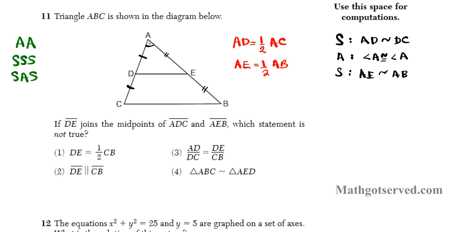Okay, so since we have two corresponding sides being proportional, namely they have the same constant of proportionality, and we have an angle congruent to itself, we can conclude that these two triangles are in fact similar. So the big triangle, triangle ABC, is in fact similar to the small triangle ADE using the SAS similarity postulate.